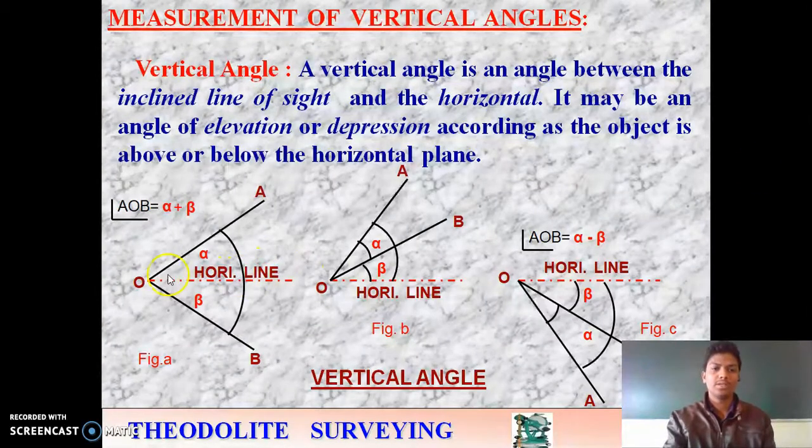In this case, the line OA is above the horizontal line, and line OB is below the horizontal line. So the angle is alpha above the horizontal line and the angle is beta below the horizontal line.